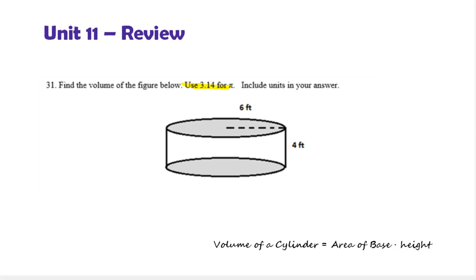So let's get a pen. So now the area of the base of a circle is pi r squared. We're told to use 3.14 times, notice this goes halfway across, indicating this is the radius, so we don't need to divide by 2.